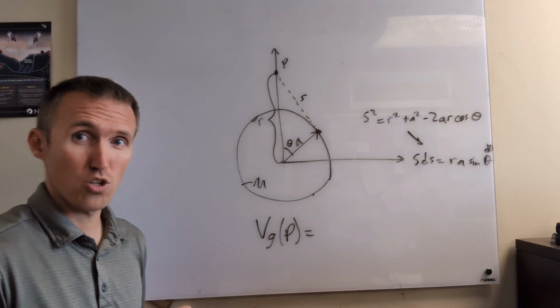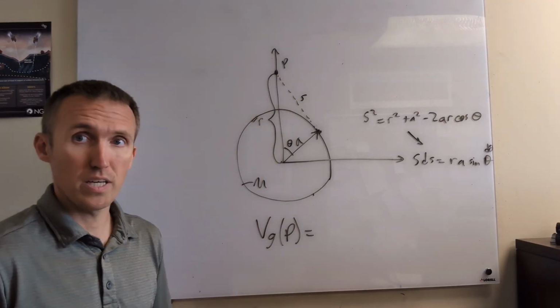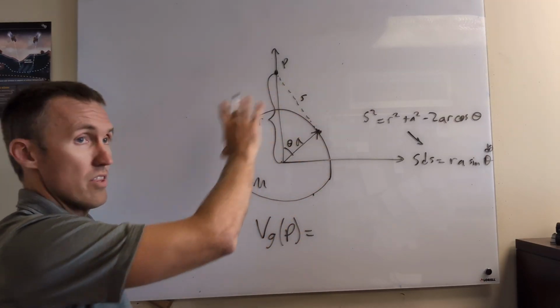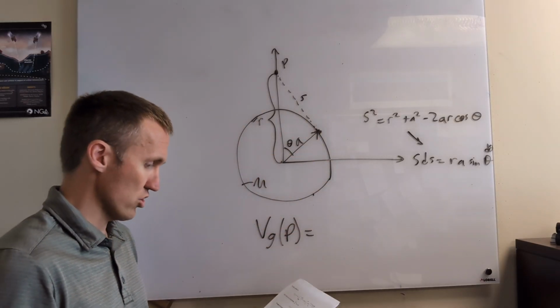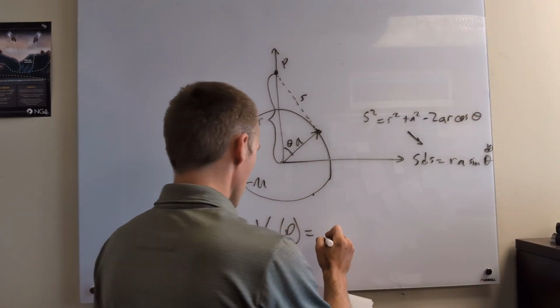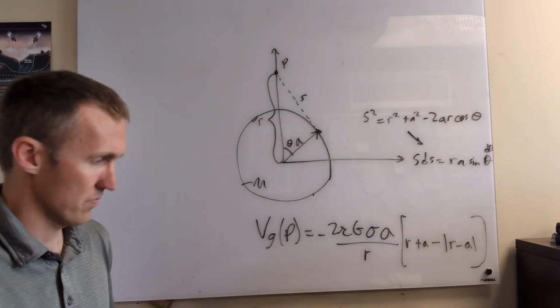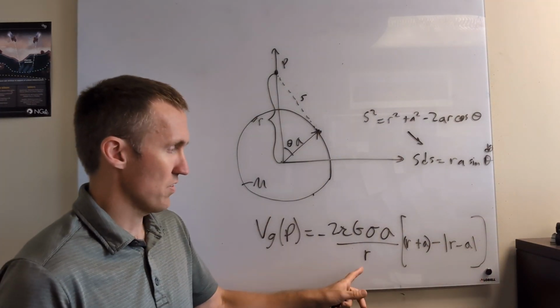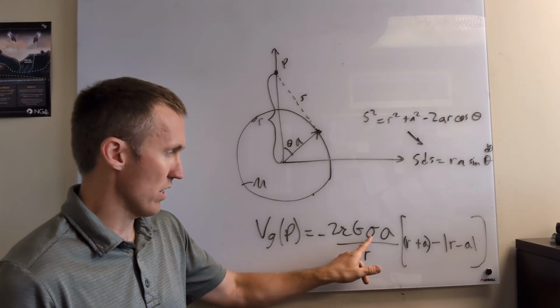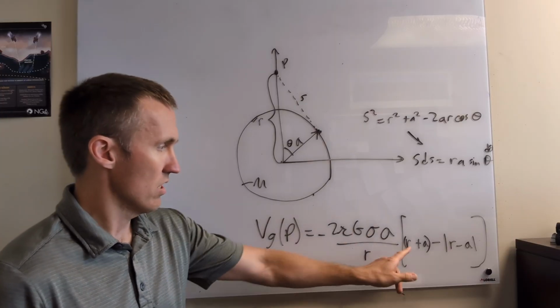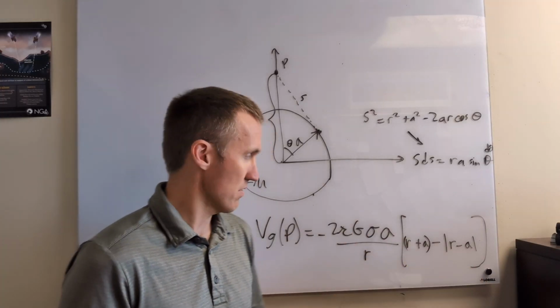So the gravitational potential at point P from the mass in this spherical shell is going to equal negative G, an a over r term, our density term sigma, times r plus a minus the absolute value of r minus a.